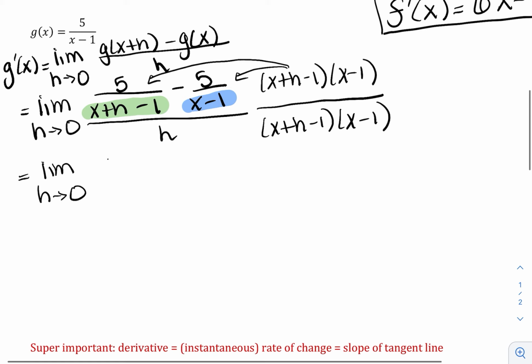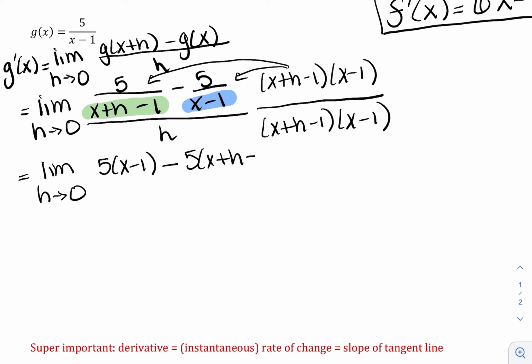So this is going to be 5 times x minus 1 minus. When I distribute it to the one with the blue, the x minus 1 will cancel, and I'll be left with the x plus h minus 1. And in the bottom, nothing cancels. So I'm going to leave it like this. Don't FOIL out, because remember, you're trying to cancel out that h. So don't start distributing it.